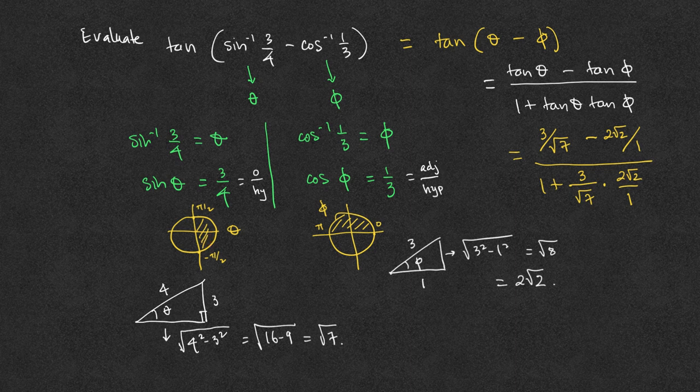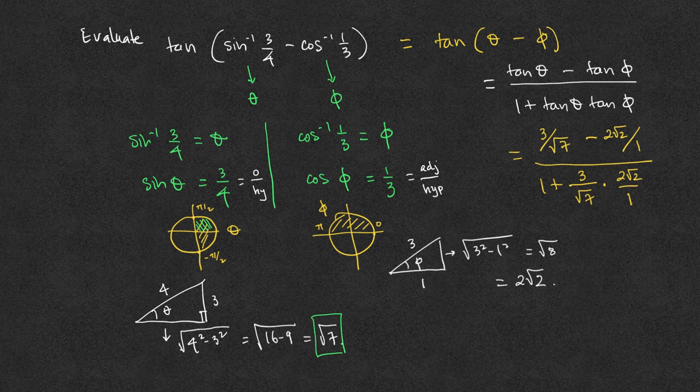We can narrow down the quadrant by looking at sine of theta. Sine of theta equals 3/4, which is positive. So although we restrict it to two quadrants, since sine is positive in this case, theta has to be in the first quadrant, meaning tangent has to be positive.